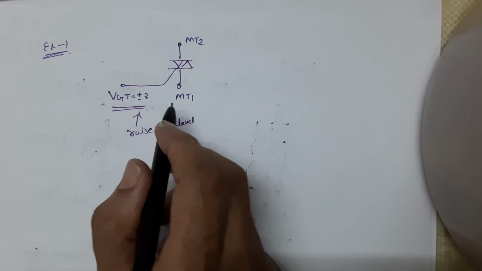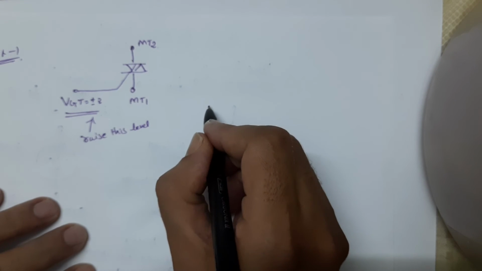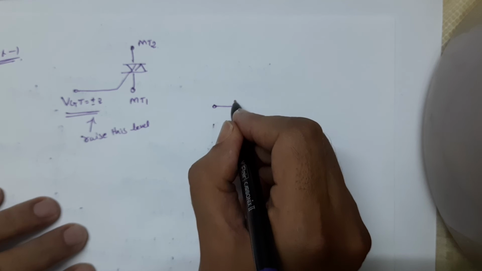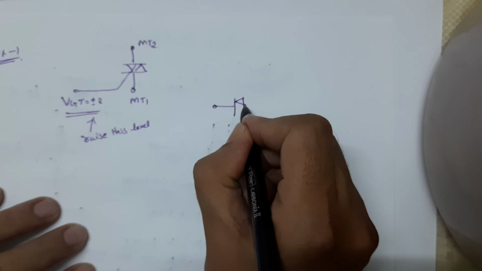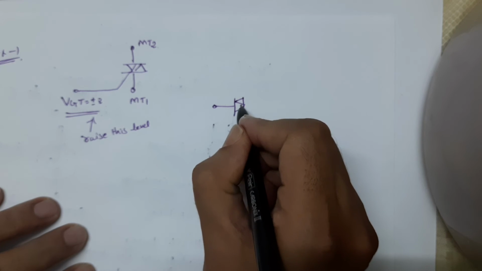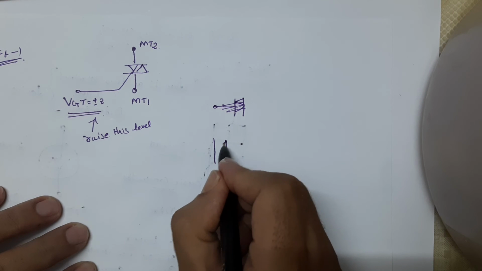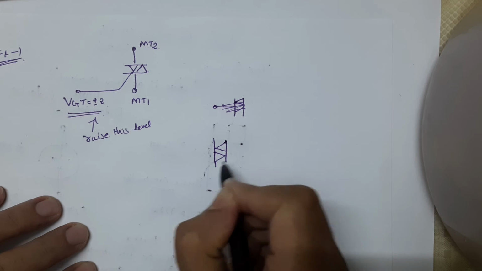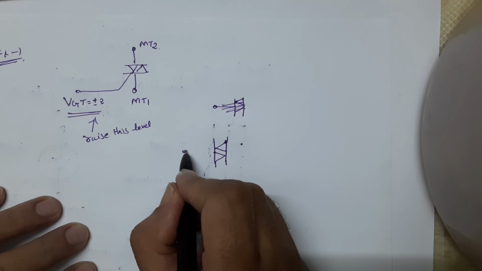Instead of plus or minus 2, we want to increase this level. How to increase? The solution is this: connect one diac in series with the gate of the triac.